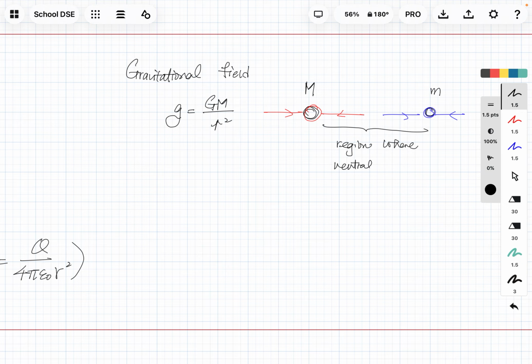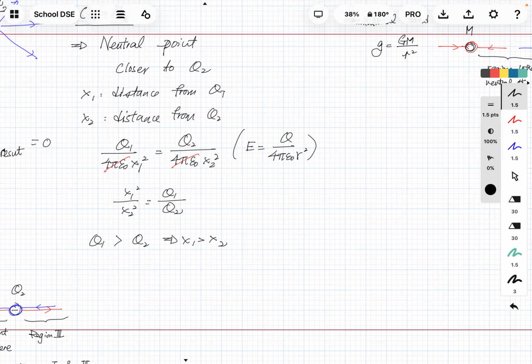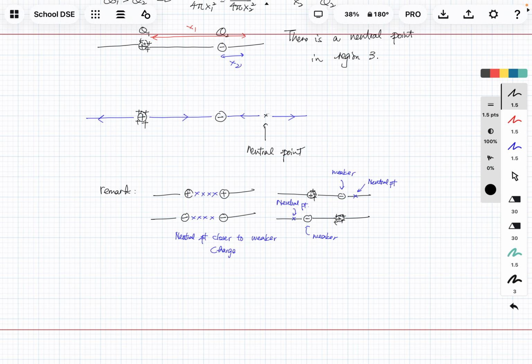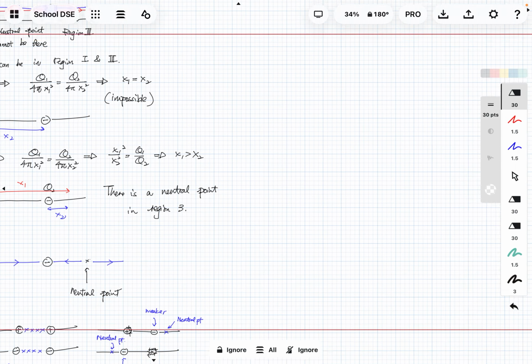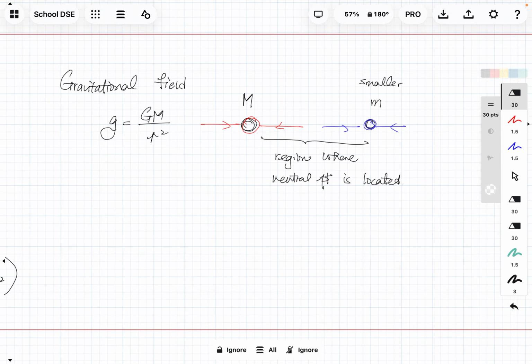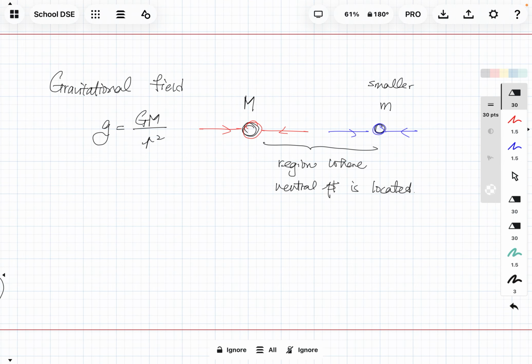So if I1 is bigger, then R1 will be bigger. Or maybe I2 is smaller, then R2 is smaller. If R2 is smaller, then that means it is closer to I2. Hence, closer to the smaller current.